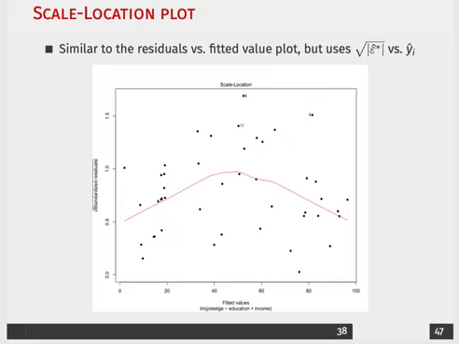You should have kind of a horizontal line, and the spread should be random and equal for different fitted values. And that's not the case here. We can see that there actually kind of seems to be a relationship where we have higher levels of studentized residuals for certain fitted values in the center of our distribution, which is not good.